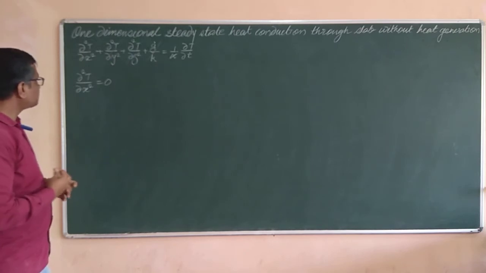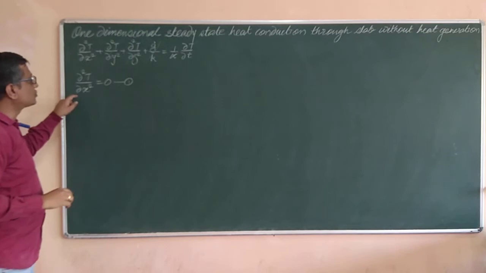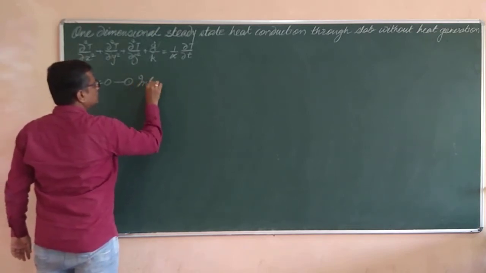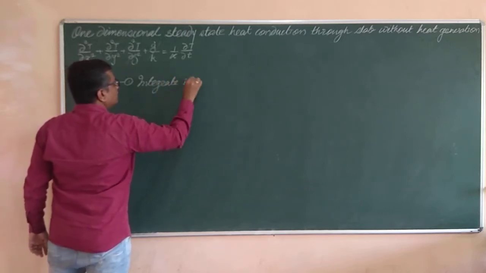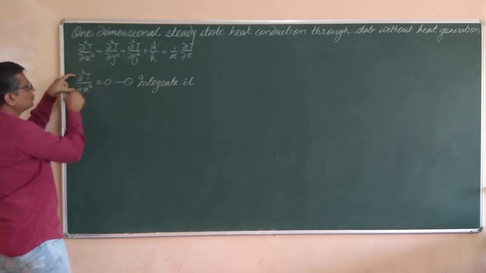Say this is equation number 1. Now I am going to integrate this equation. If I integrate it, the second derivative of the term T will be reduced to the first derivative.